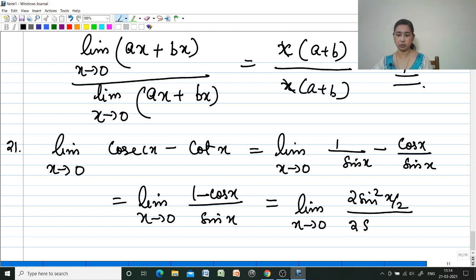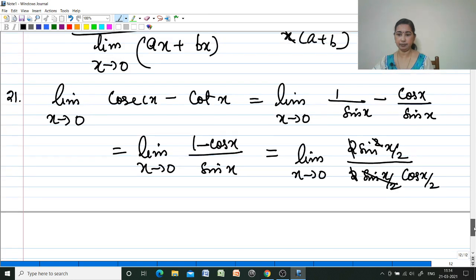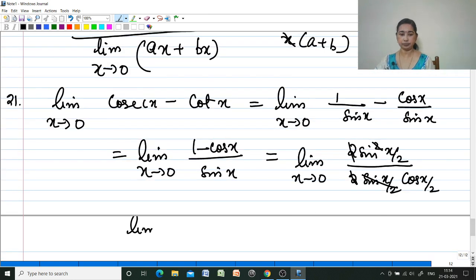So here 2 sin x by 2 into cos x by 2. Now 2 getting cancelled, sin x by 2 will get cancelled, remaining what we are getting, limit x tends to 0 tan x by 2.